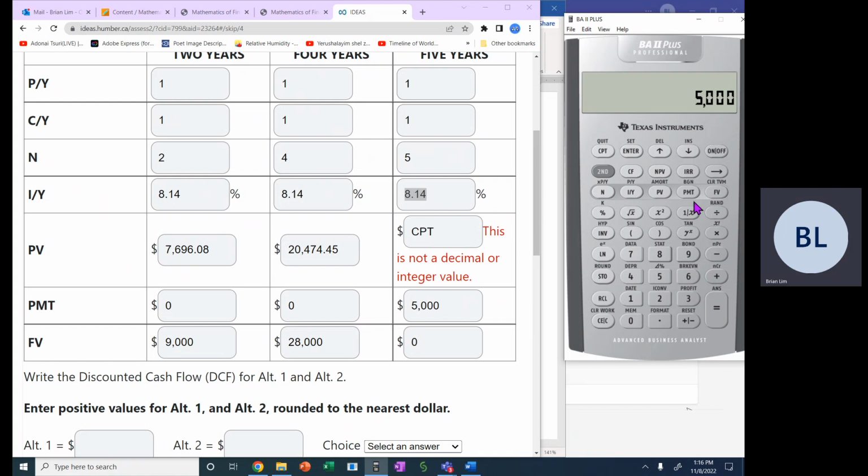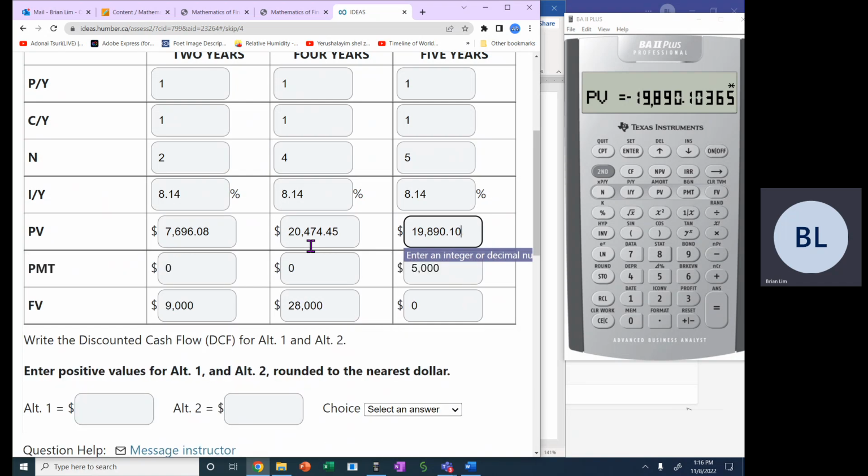So receiving 5,000, we put that in for payment, we put 0 for the future value, and then we compute the present value, and that turns out to be $19,890.10. Okay, so now we have our numbers. Now we can do the computation.